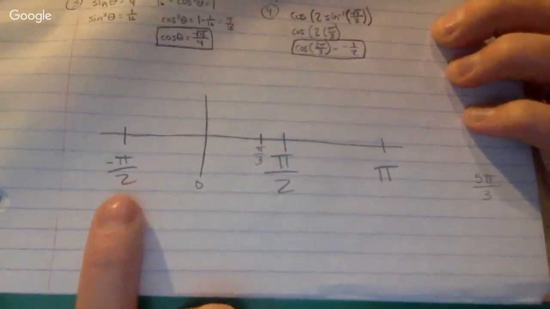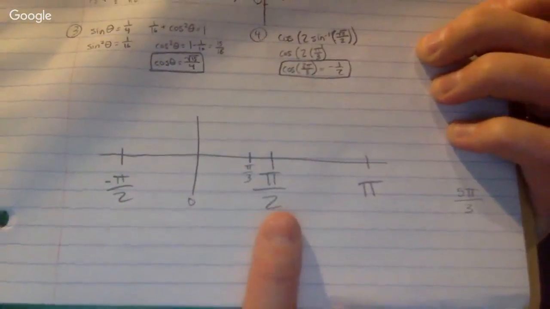I'm going to draw a rough graph here. So our parameters are negative pi over 2 to pi over 2.